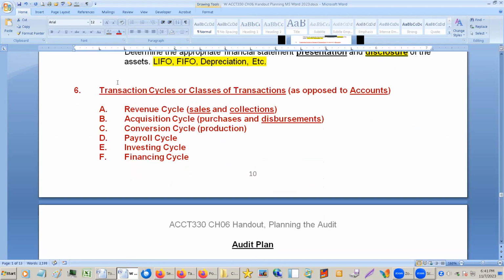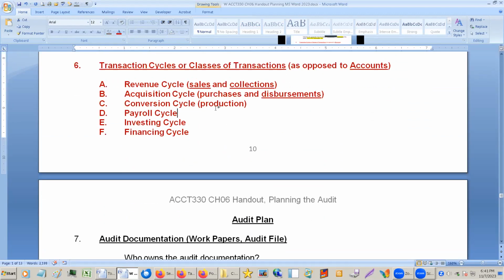Okay, so anyway, there are these transaction cycles. The actual testing is not any different than it was before. There's no new test for the transaction cycles. I think their idea behind it is that you see the complete picture of how things flow through the company, and it does happen this way. I'm not saying it doesn't, but the actual test of the individual accounts is going to be exactly the same as before.